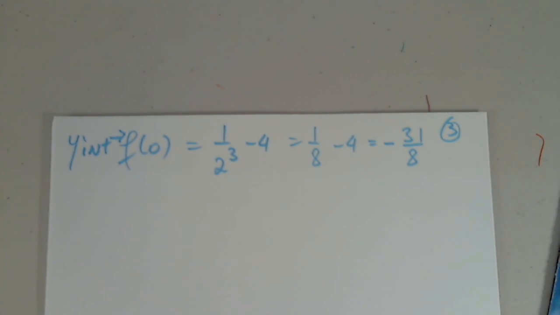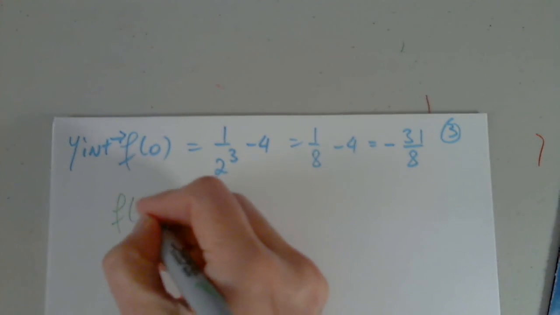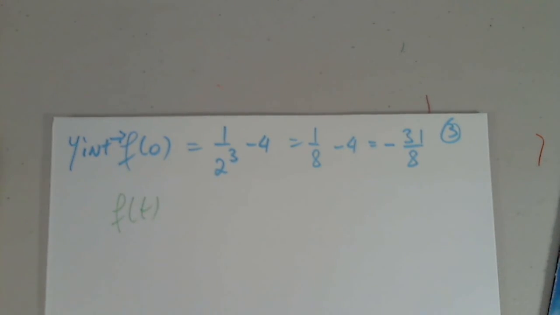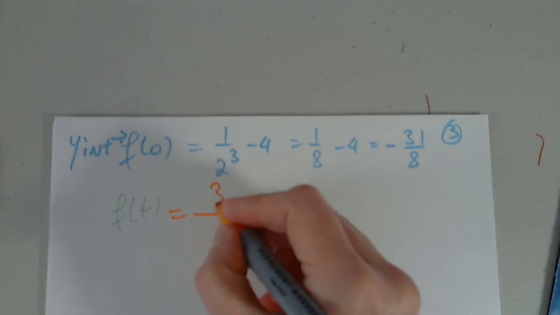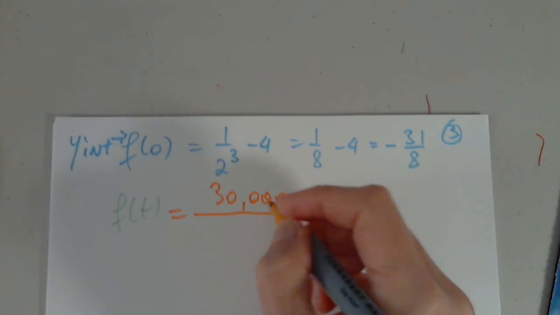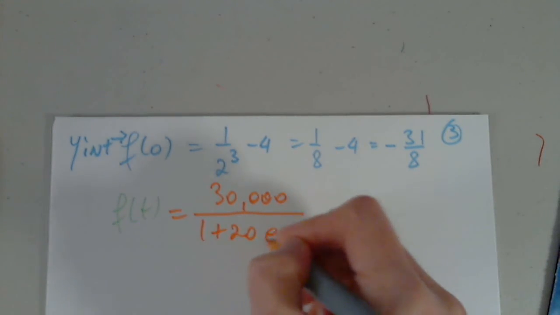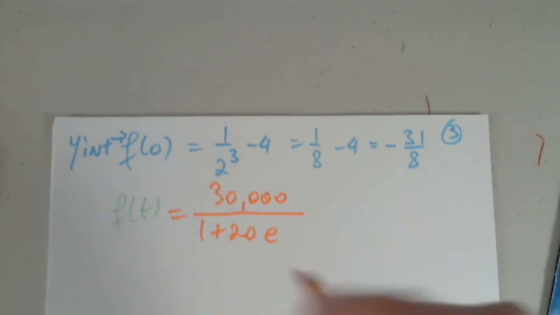Okay, so let's take a look at number 9. 1, 2, 3, 4, 5, 6, 7, 8, 9. Very good. So we have a function. This is the logistic growth model, which is 30,000 divided by 1 plus 20 e raised to negative 1.5t.